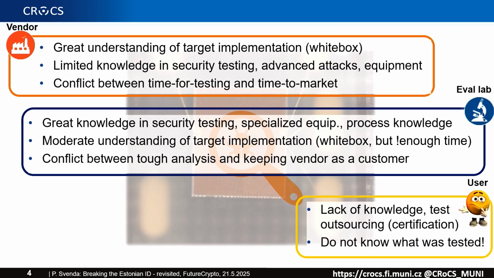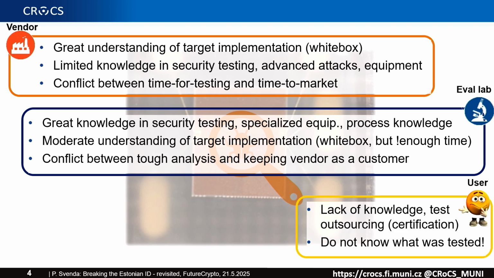Because if you are too harsh and you are spotting too many problems, the vendor might go for some other evaluation laboratory which is less, let's say, sharp on this. Also, if the evaluation laboratory finds some problem, the vendor can either fix it or just put it out of scope.